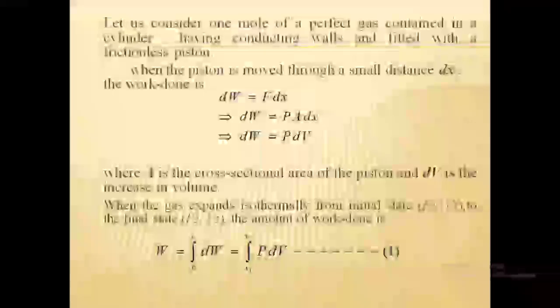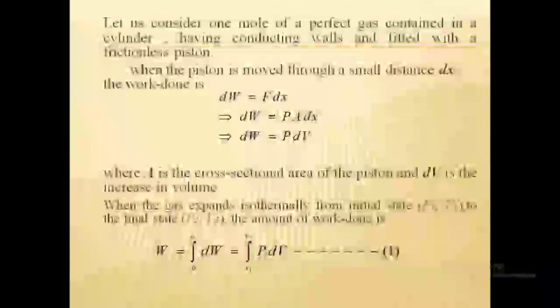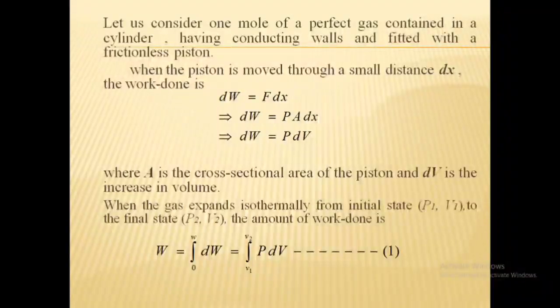When the gas expands isothermally from the initial state P1 V1, suppose initially the pressure of the gas is P1 and the volume is V1, and the final state of the gas is P2 and V2, that is, the final pressure is P2 and the final volume is V2 after the piston is moved upward.